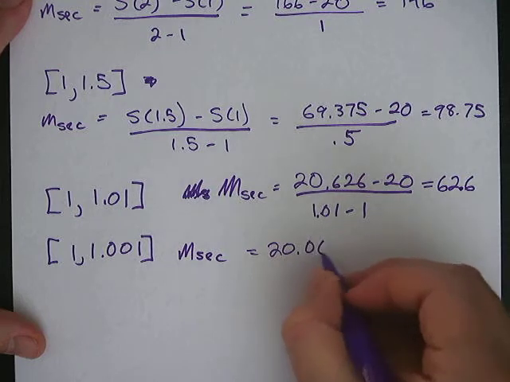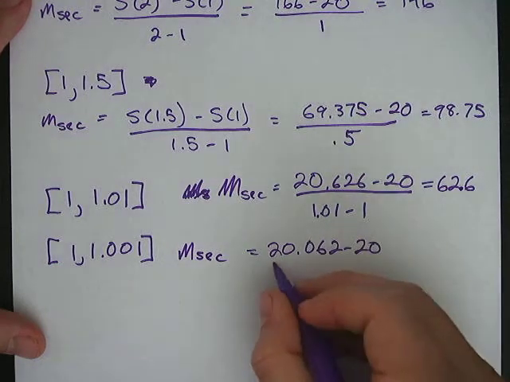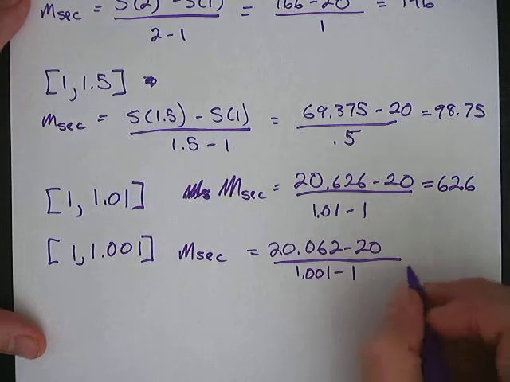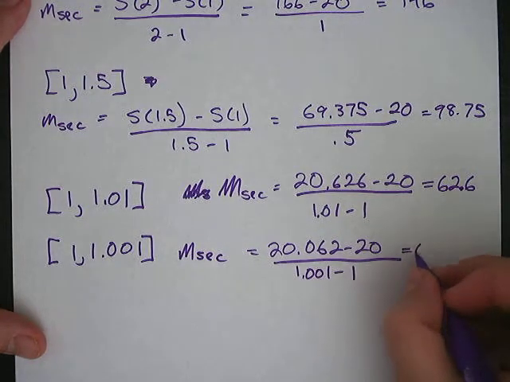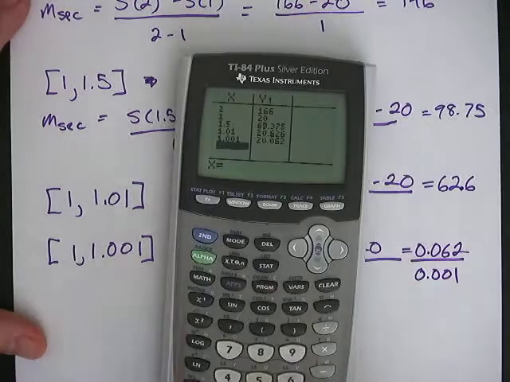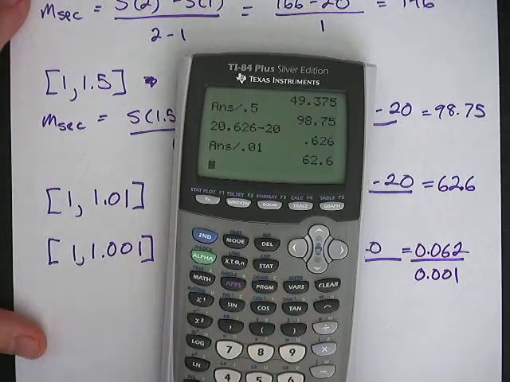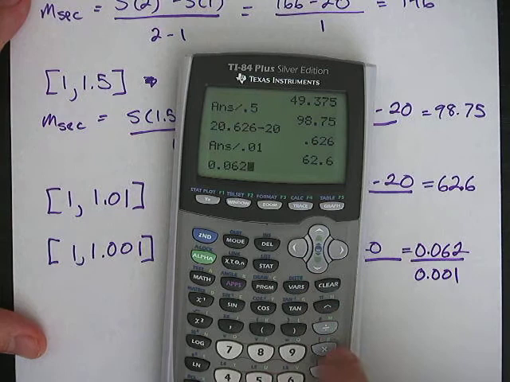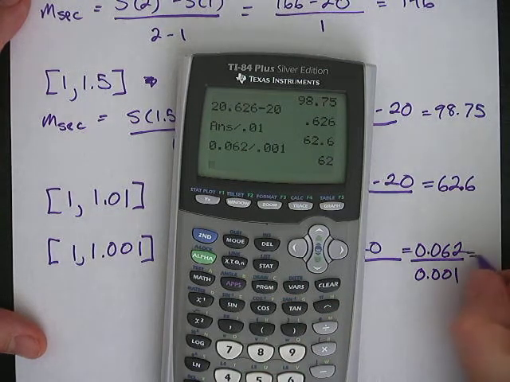So 20.062 minus 20 over 1.001 minus 1. Okay, so that's 0.062 divided by 0.001, which gives us 62.